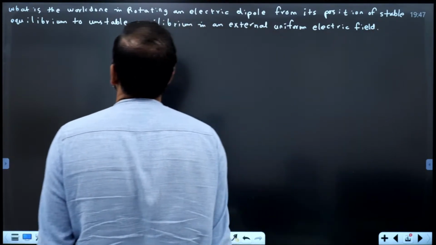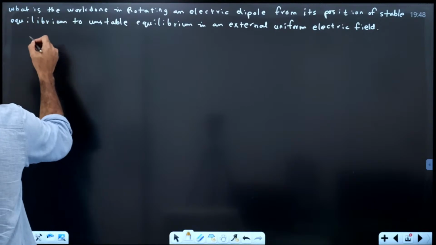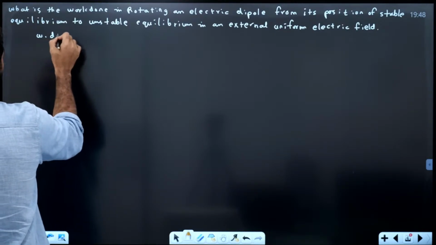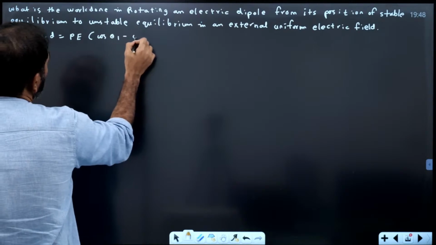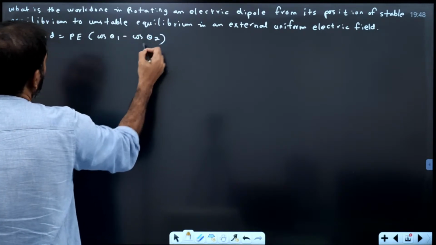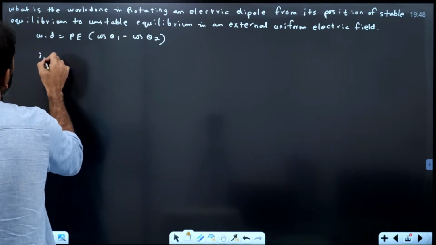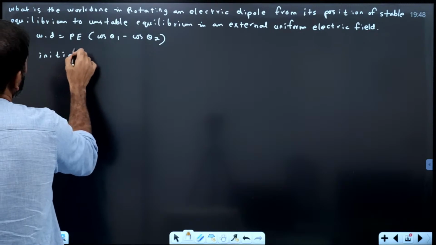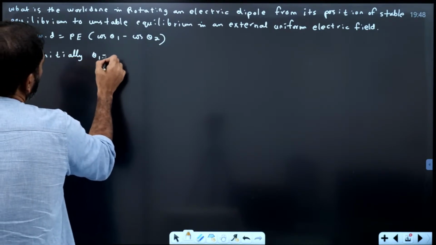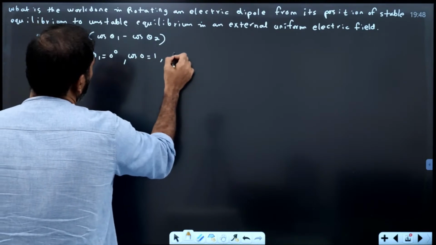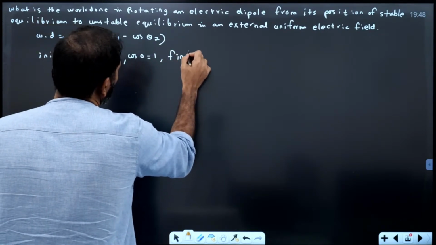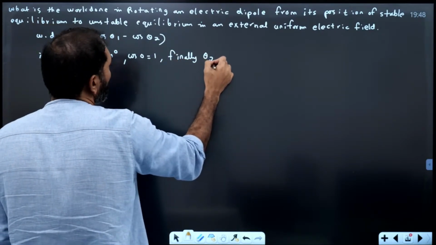See, what is the work done they are asking? What is the equation for work done? PE into cos theta 1 minus cos theta 2. So here initially theta 1 equal to 0 degree, cos 0 is equal to 1. Finally, in the final position, theta 2 is equal to what?